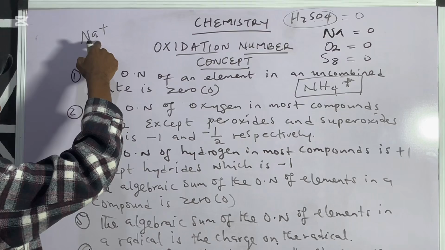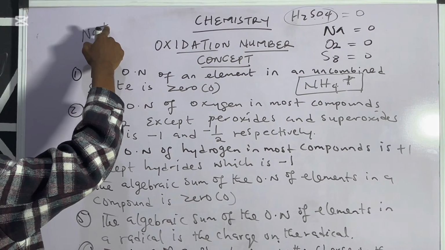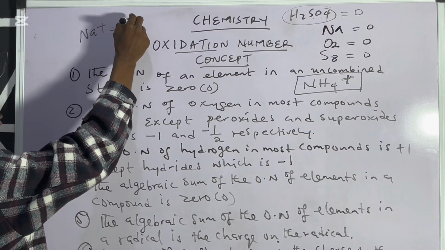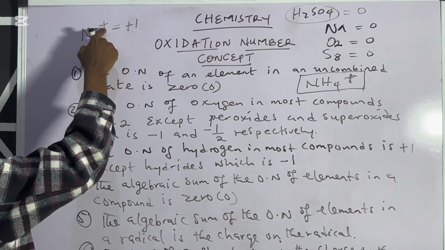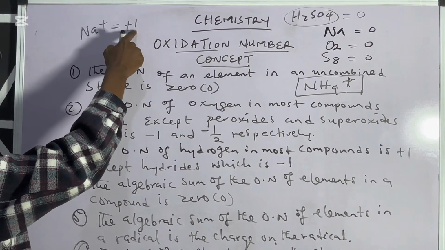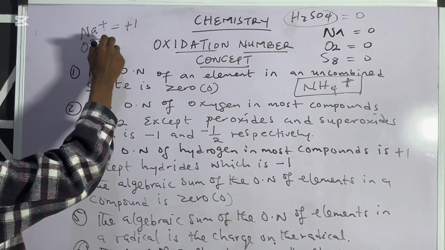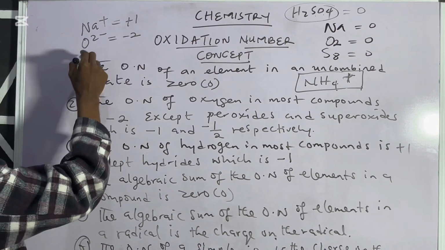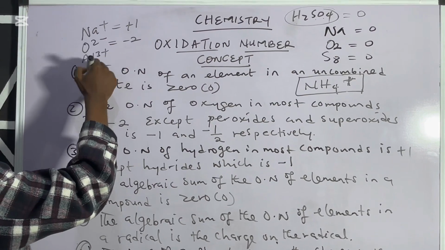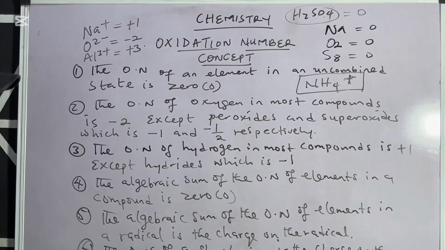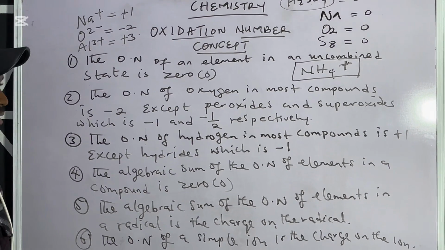So this is a simple ion because it's an element with a charge. The oxidation number of this sodium here is equal to +1. Why? Because the charge that this ion is carrying here is +1. If I write O2-, the oxidation number of oxygen here is -2. If I write Al3+, the oxidation number of aluminium here is +3. So that is how it works. Alright, so that's rule 6.